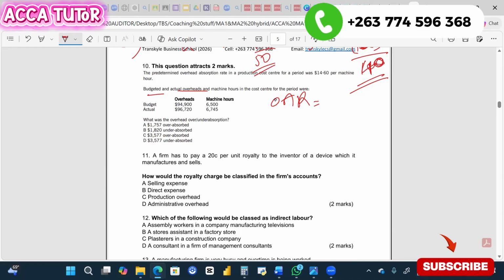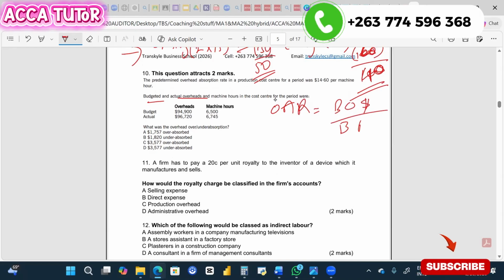Do you understand? And what is the formula for overhead absorption rate? That's budgeted overhead, which is the money on top, divided by budgeted activity, which are units or hours.